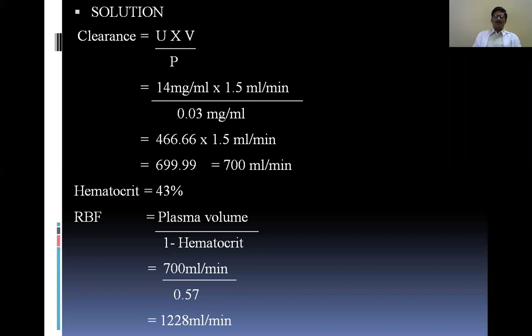So this is the formula by which you can easily calculate and score. What is the normal renal blood flow? It's about 1100 to 1200 ml, in other words, 22% of total cardiac output. That signifies the importance of the kidney and the enhanced blood flow to it.